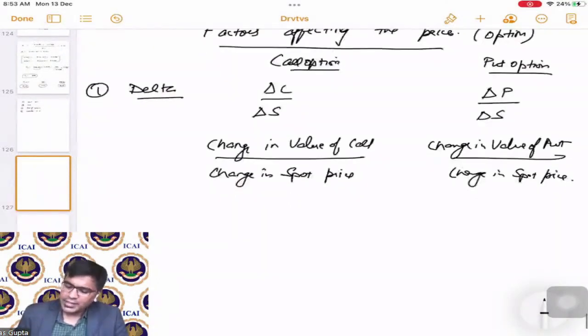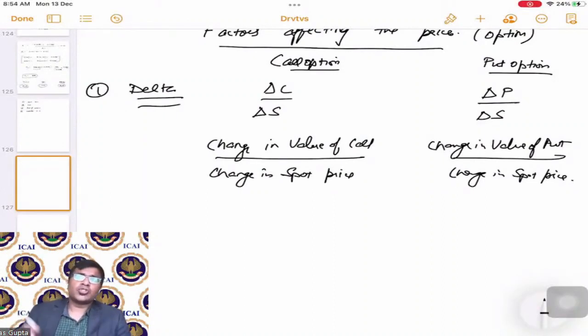Now, what does this mean actually? This is the literal definition. See, students, in the previous example we saw that for different changes in the spot price, the value kept on changing. The rate at which the value changes is given by delta. Delta tells you at what rate the value of the call changes if there is a change in the spot price.